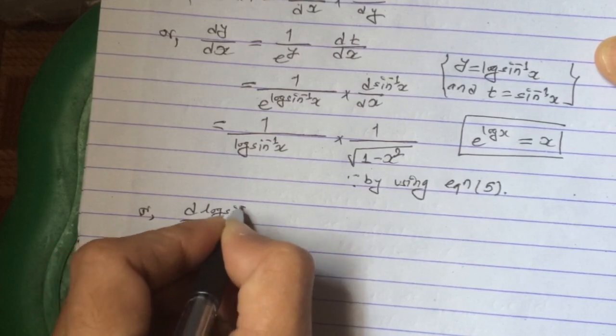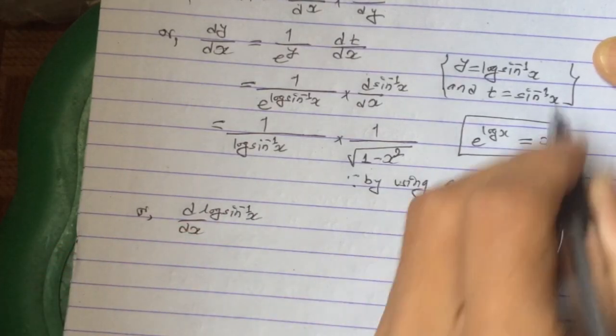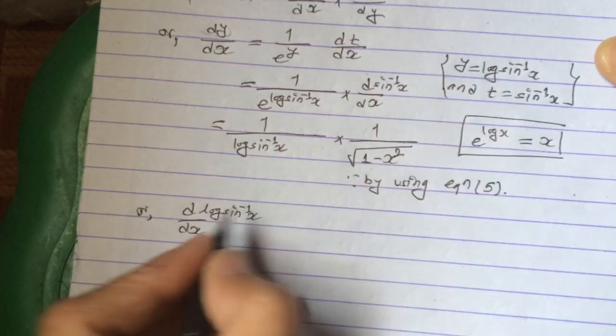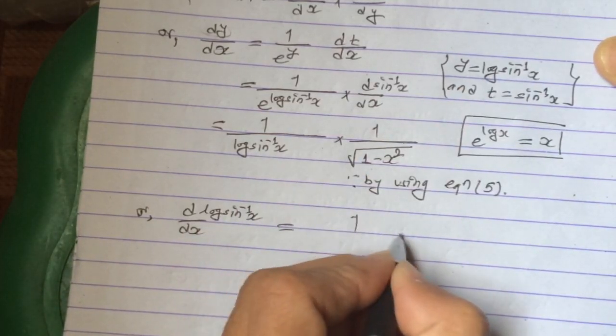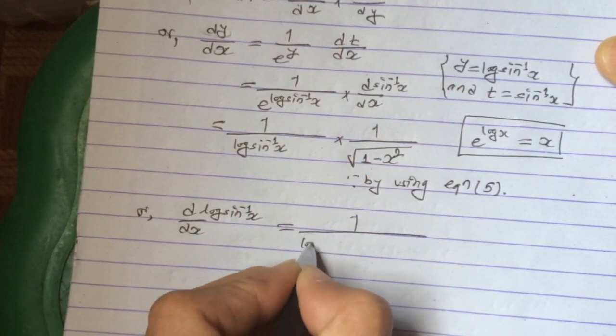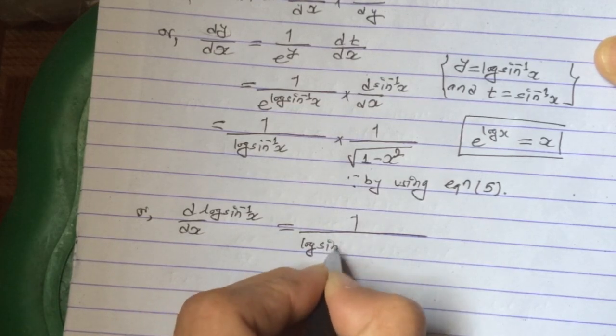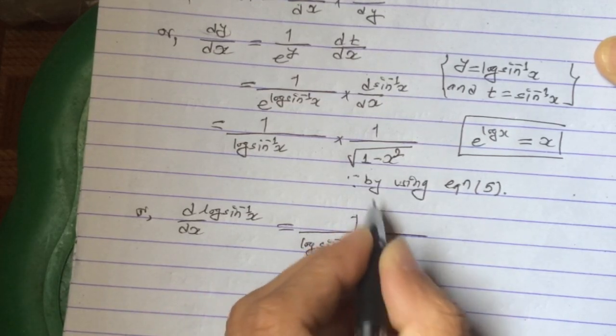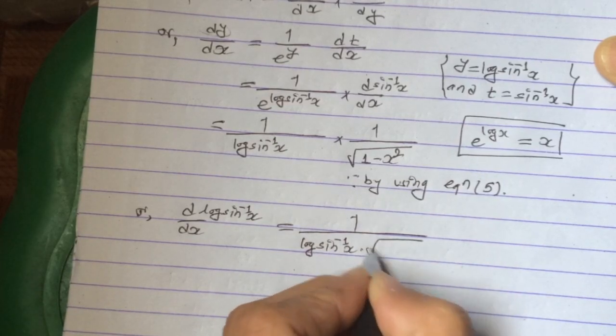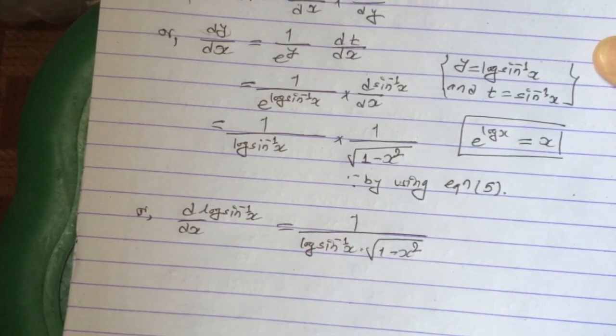Now dy by dx, y means you can write log of sin inverse x, so d of log of sin inverse x by dx is equal to 1 by sin inverse x times root under 1 minus x square.